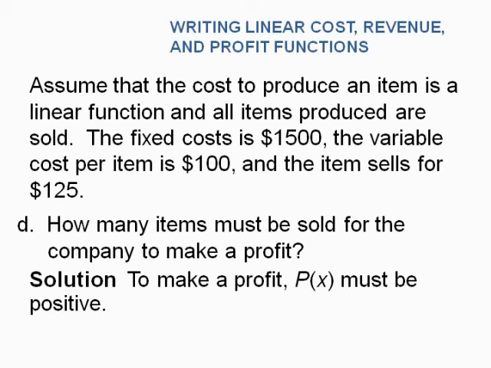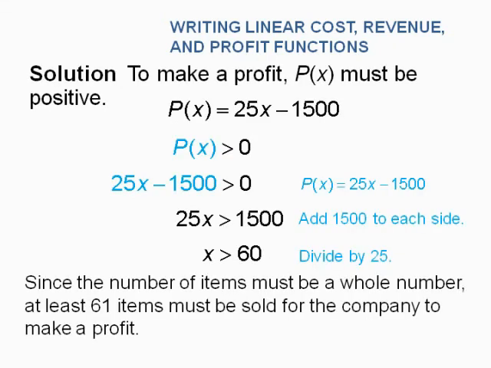Now part D: how many items must be sold for the company to make a profit? To make a profit, P(x) must be positive. We just found that the profit P(x) is 25x minus 1,500. So in order for the profit to be greater than 0, we take 25x minus 1,500, set it greater than 0, and solve.